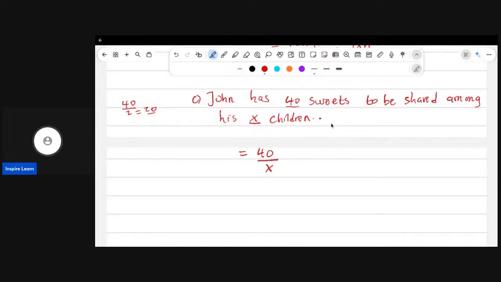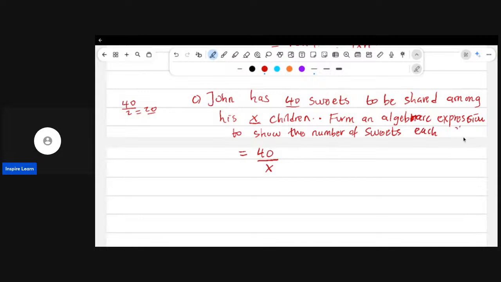So if the question was, form an algebraic expression to show the number of sweets each child receives, this is the way it is going to be.